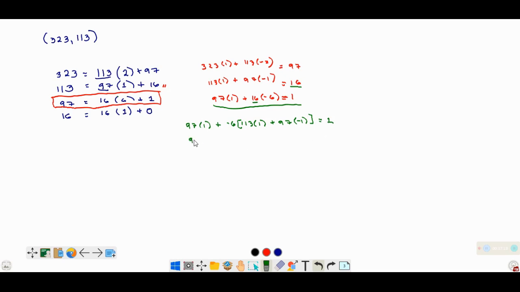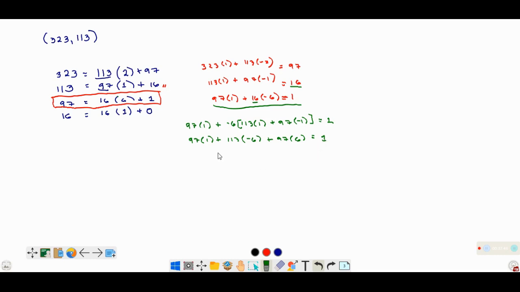Now, let's simplify. We have 97 times 1 plus, distribute natin sila, 113 times negative 6 times 1, we have negative 6 here. Plus 97 times negative 6 times negative 1, we have positive 6 is equal to 1.